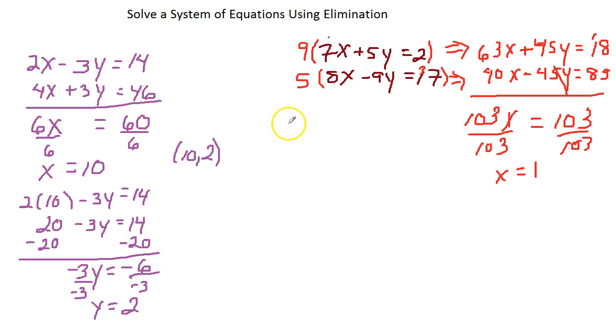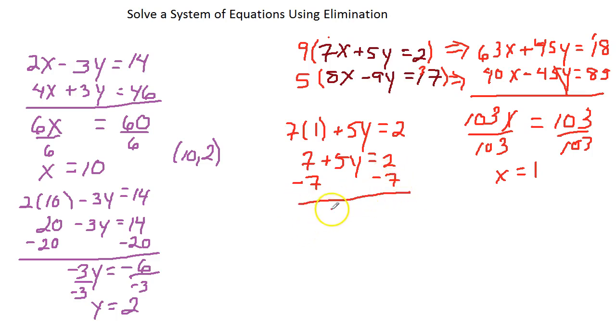So x equals 1. So I'm going to say 7 times 1 plus 5y equals 2. Well, 7 times 1 is 7 plus 5y equals 2. Subtract 7 from each side.